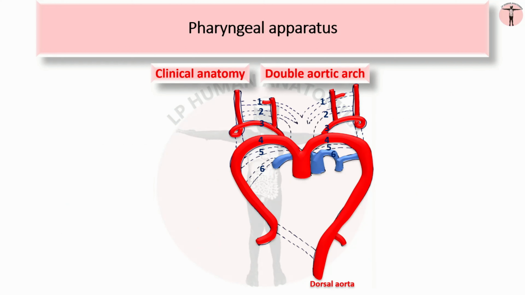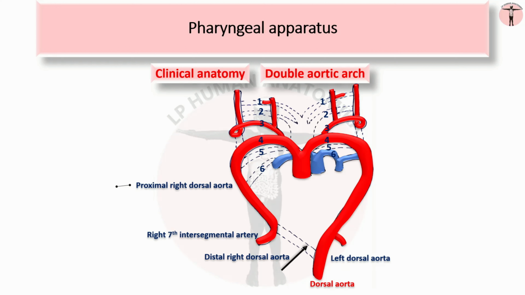To repeat the normal development on the right side as in the previous case, the distal part of the dorsal aorta between the 7th intersegmental artery and the junction of the left dorsal aorta obliterates, and the proximal part of the dorsal aorta along with the right 7th intersegmental artery and the right 4th aortic arch forms the right subclavian artery.